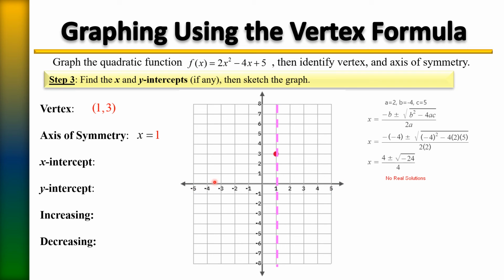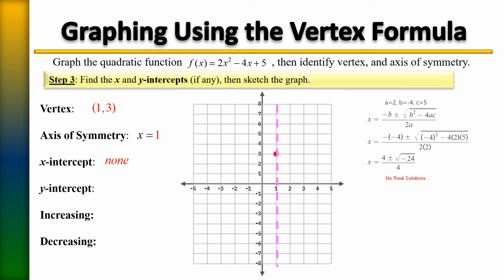And whenever your graph of a parabola does not touch the x-axis, then there are no real solutions, only imaginary solutions. So therefore, you would just simply state that there is none, no x-intercept, because it does not touch the x-axis.